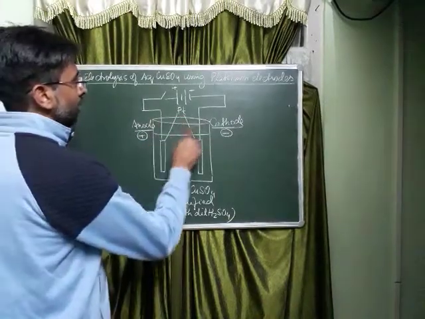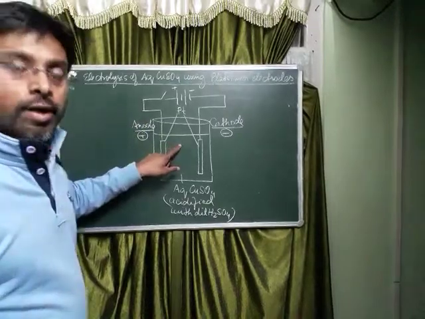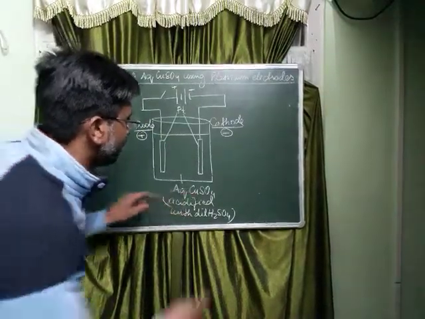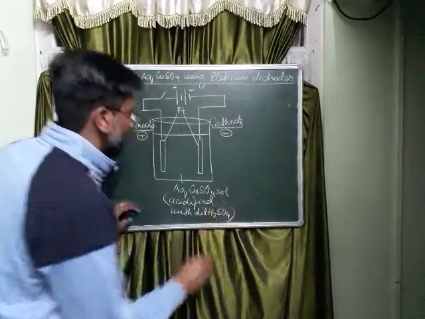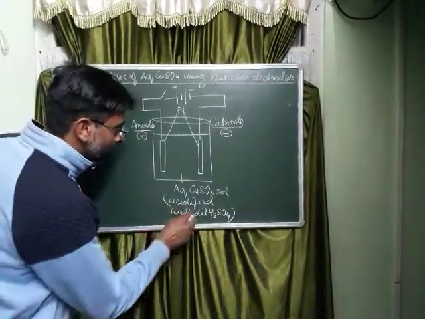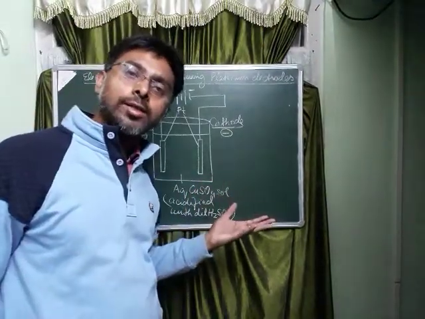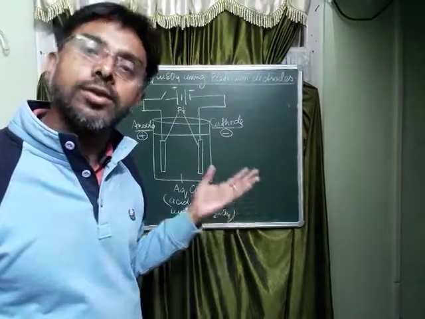There is a container, and in this container we have placed aqueous copper sulphate solution. And this aqueous copper sulphate solution is acidified with dilute sulfuric acid. Why dilute sulfuric acid? To increase the conductivity of the solution.